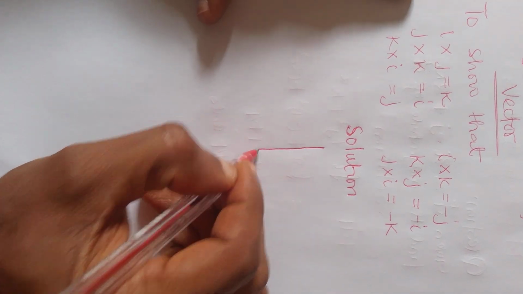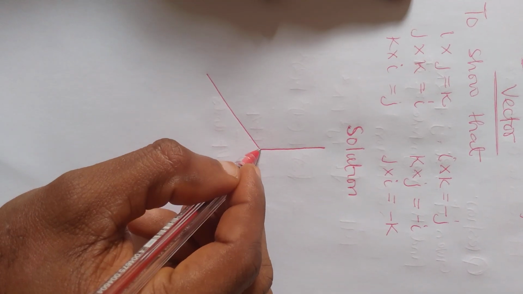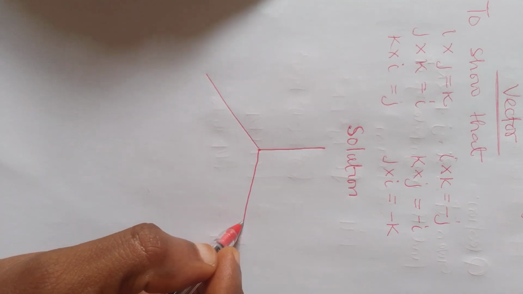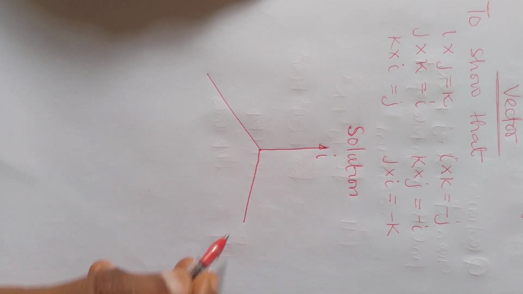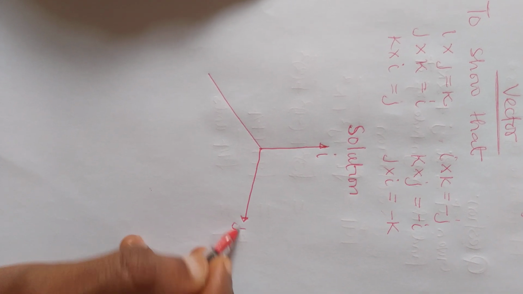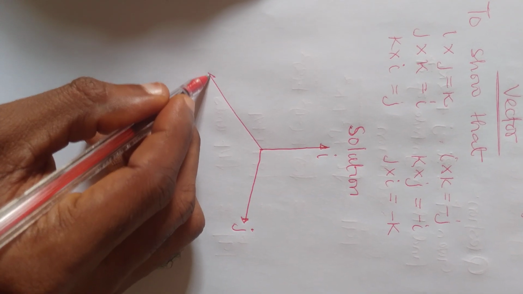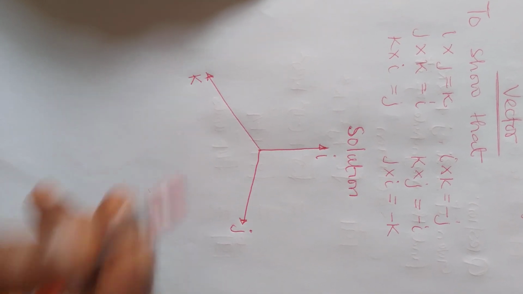So we have this diagram now. Let's call this our i, let's call this our j, and let's call this our k.